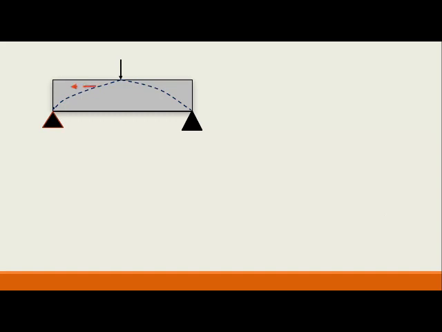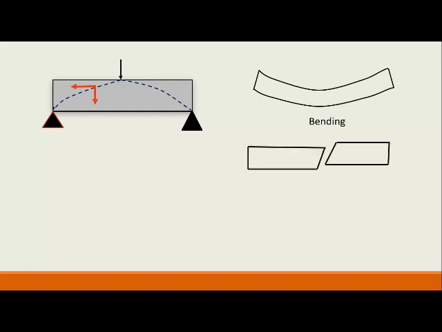A horizontal component, which will act perpendicularly to the cross section and will cause this kind of deformation or bending, and the vertical component of this stress trajectory will cause the shear. Thus this is how it generates.